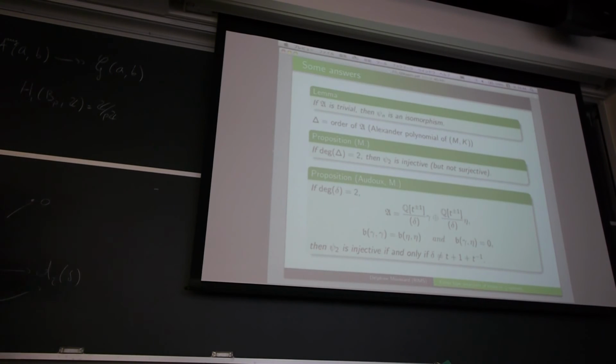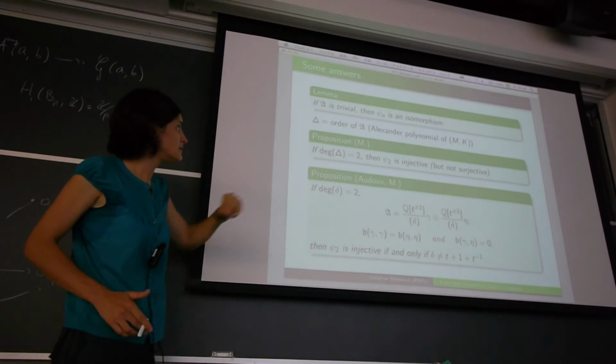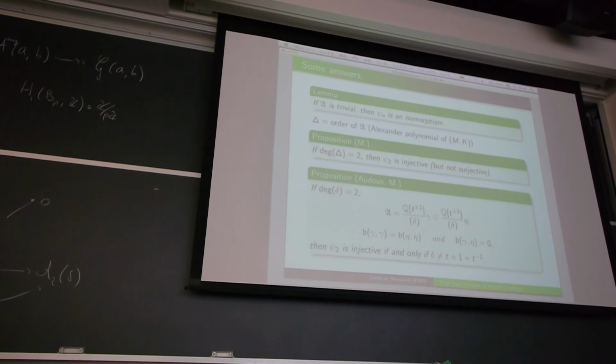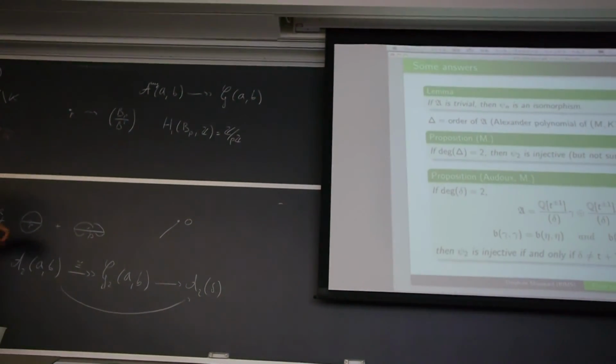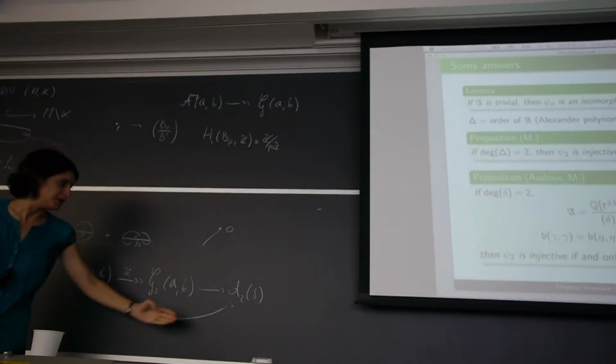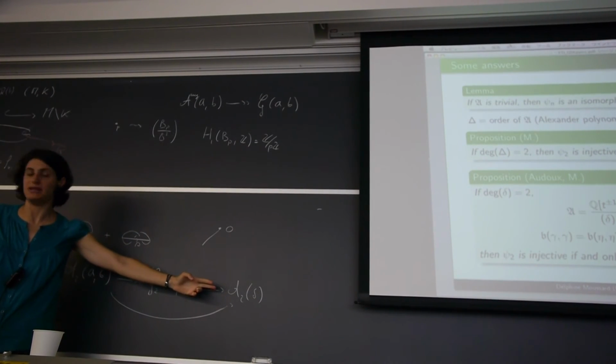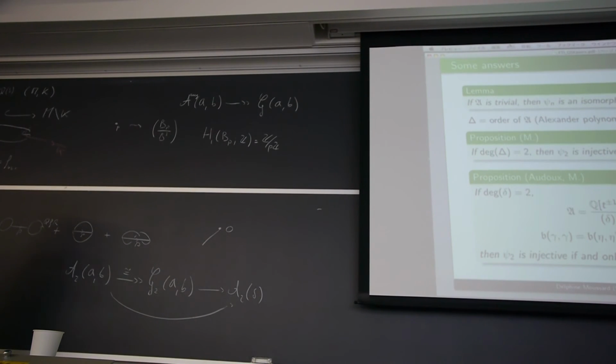Okay, so how do we prove this result? It's really pedestrian. The idea is that we compute the basis of the space A2 delta, and we compute the generating family of the space A2AB, and we check that this generating family is sent onto a free family. It's more complicated when you want to prove, in the case t plus 1 plus t inverse, that the map is not injective.